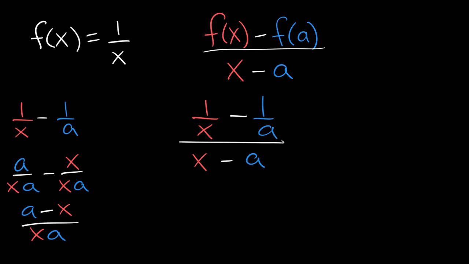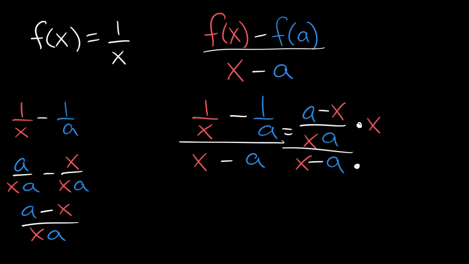So that means we have a is equal to a minus x over xa, and that's all over x minus a. Now what we can do is we can multiply both of these by xa.